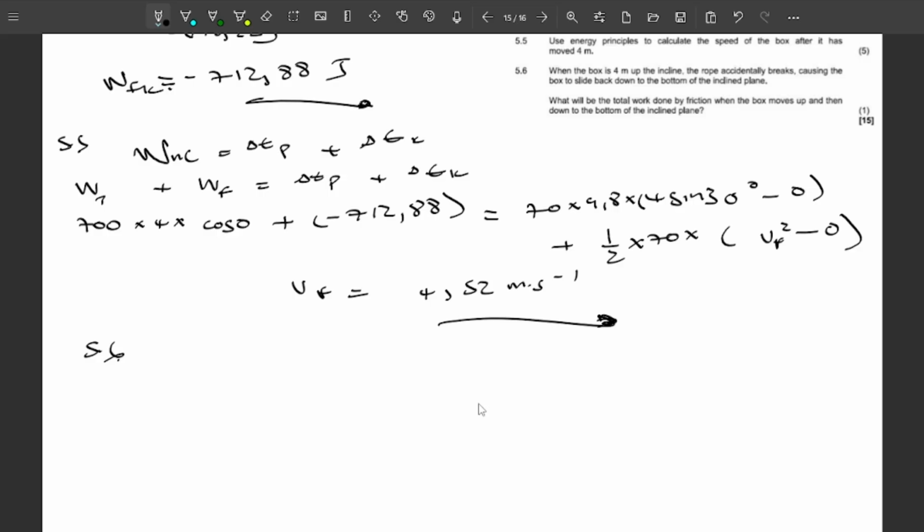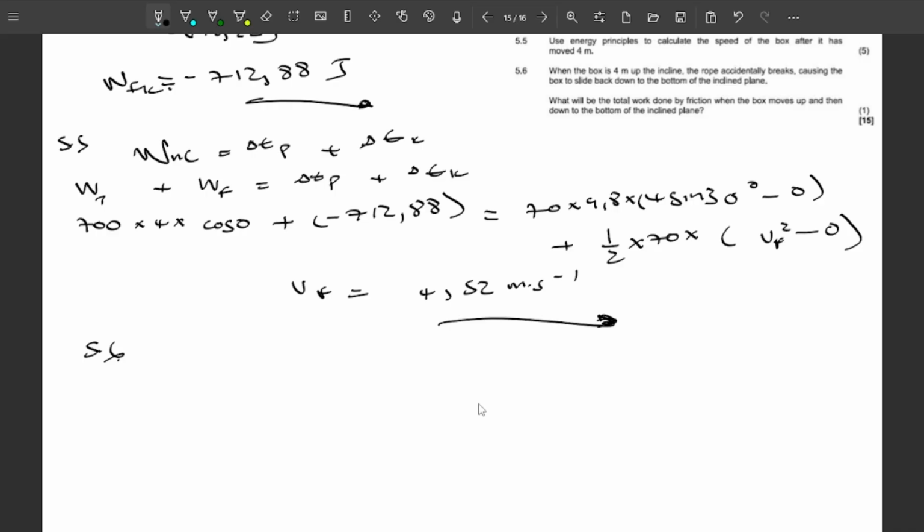Some may have used the net work, equal to the change in kinetic energy, summing all of the forces: the work done by friction, by gravity, and by the tension. That's also okay. There's no problem with doing that.